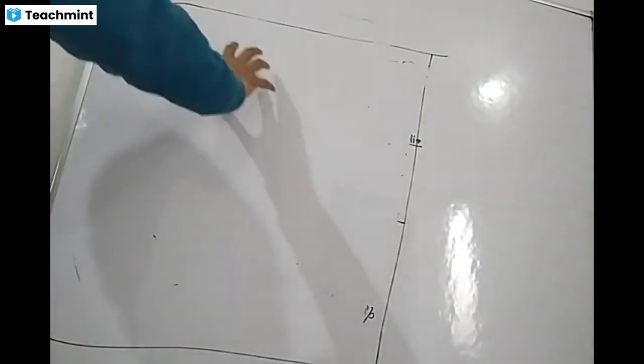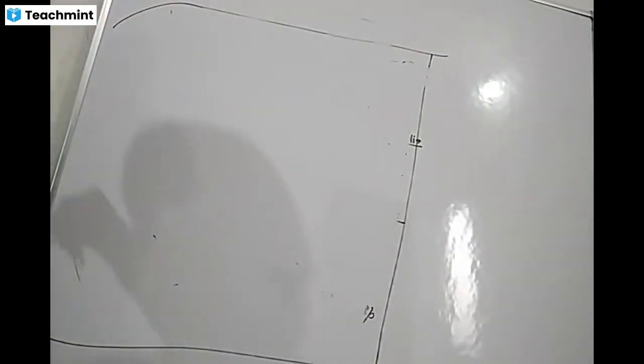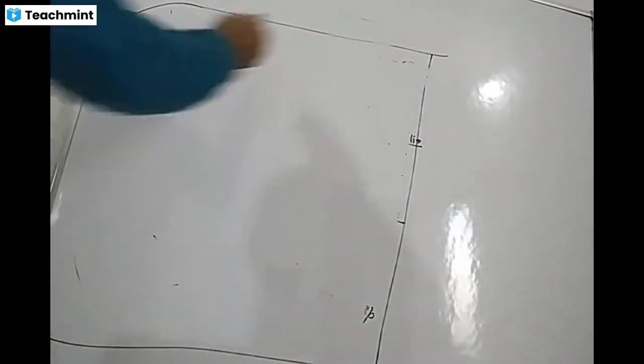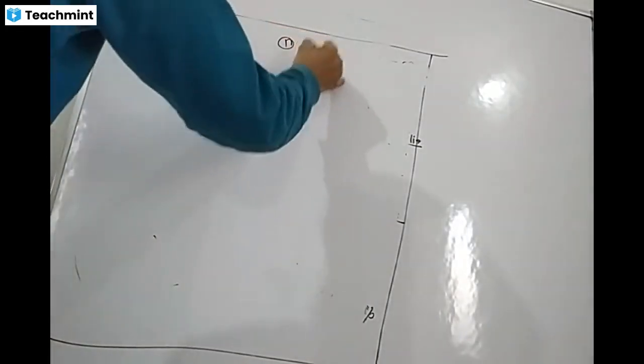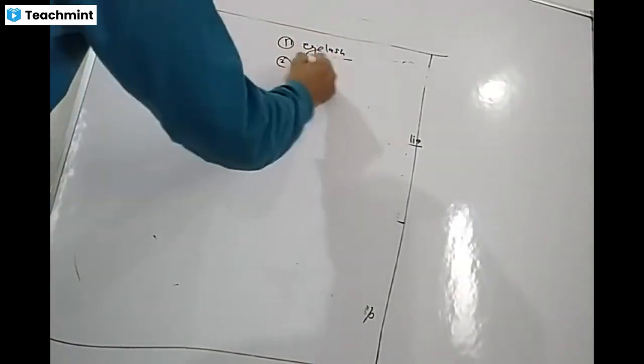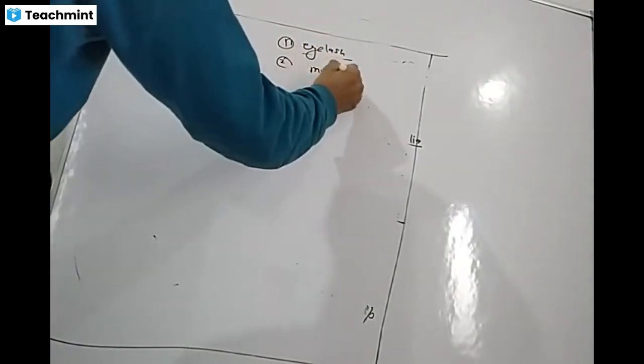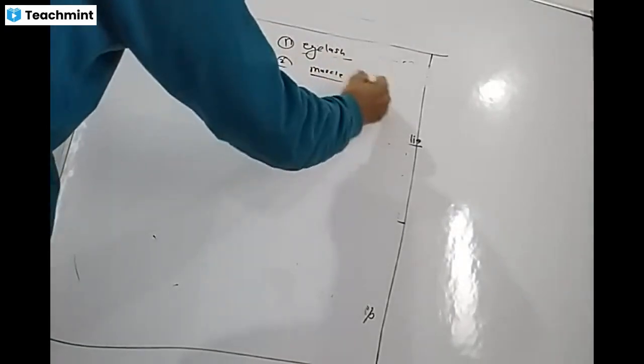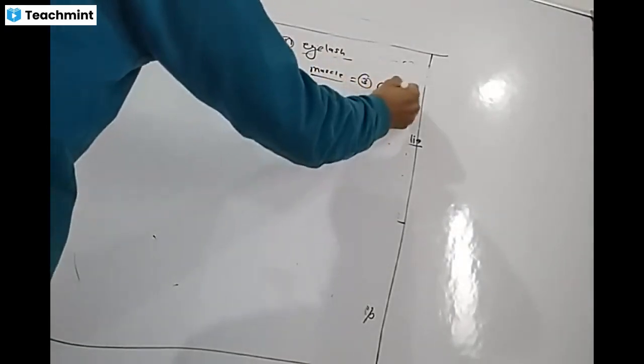So these were the first topic we discussed, about eyelashes. Second was about the muscles and their 3, 5, 7 nerve supply.